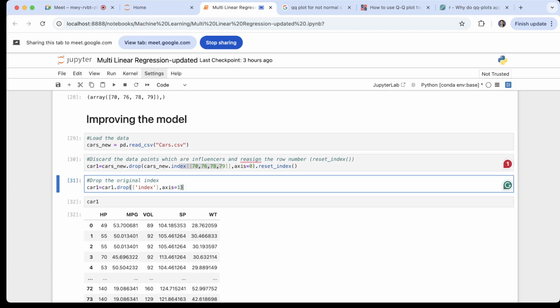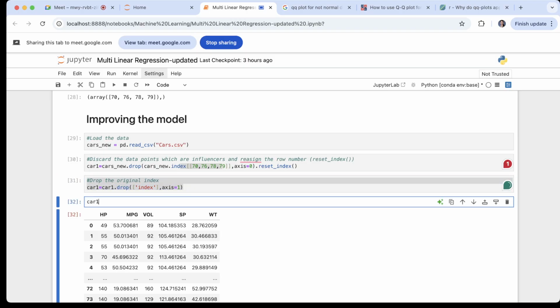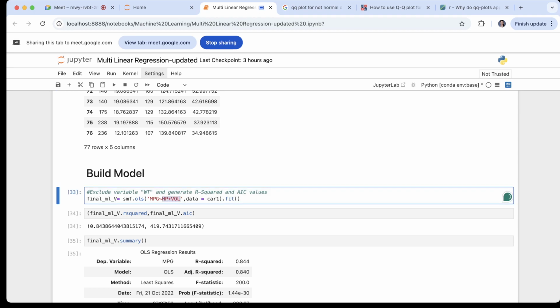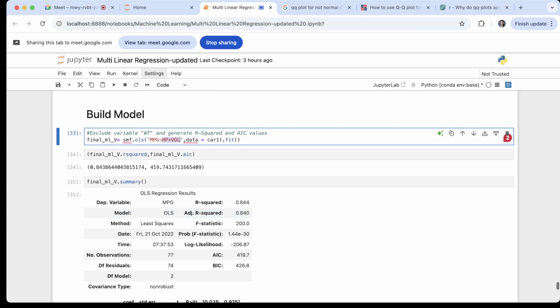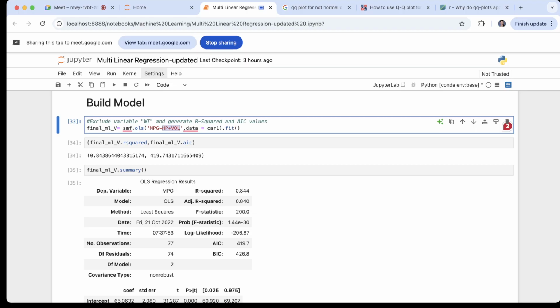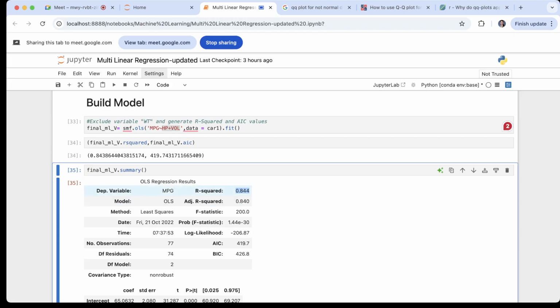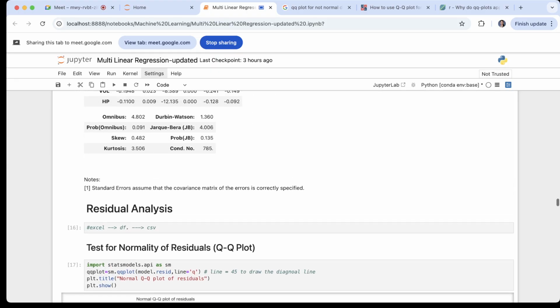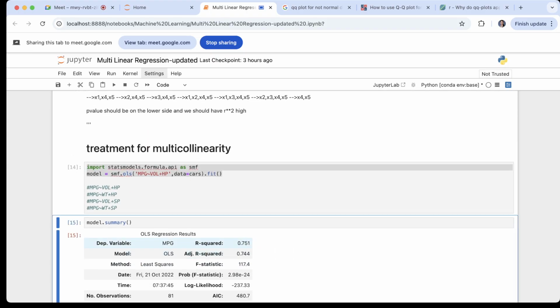So now we will build the model again. This time we will consider only two parameters, because we already saw that these are the parameters which give us the best results. With the outliers removed, we can already see quite an improvement in the r square value. Earlier our r square value was 0.75.